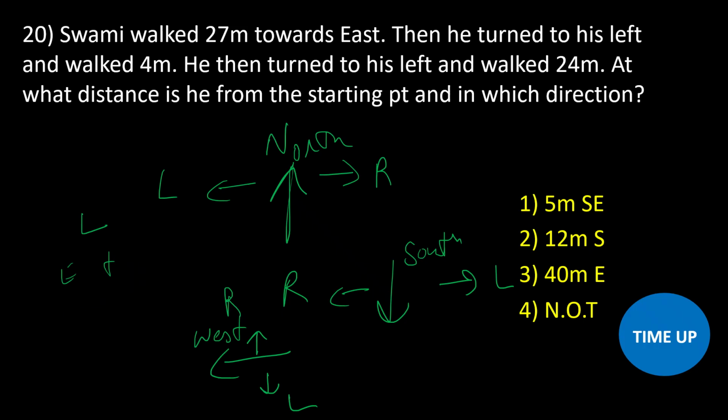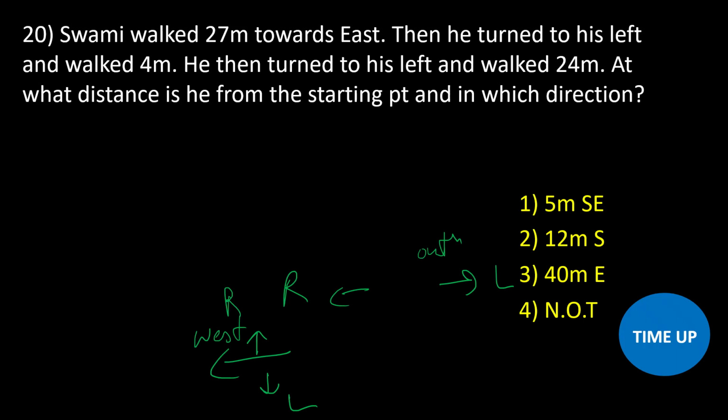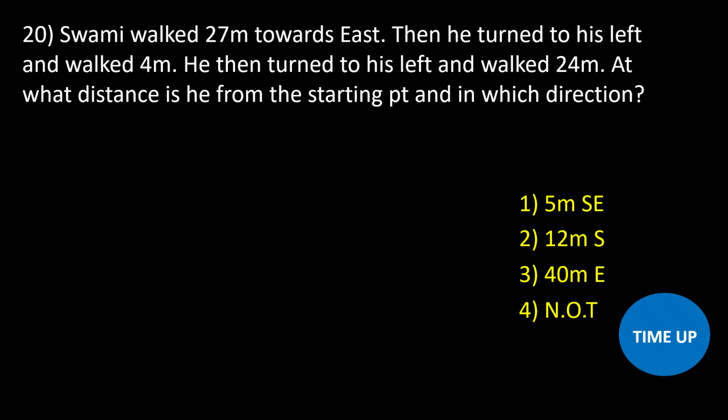Coming back to the question, what answer you got, students? What is the answer for this? Swami walked 27 meter towards west. So Swami is here. This is Swami.